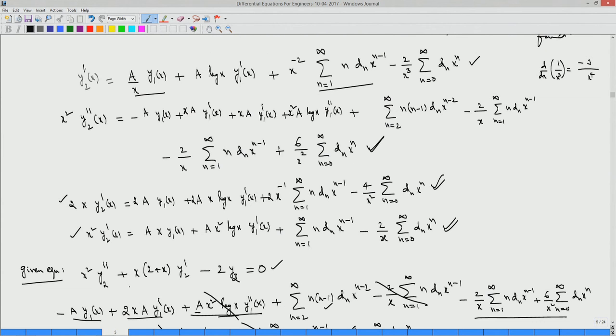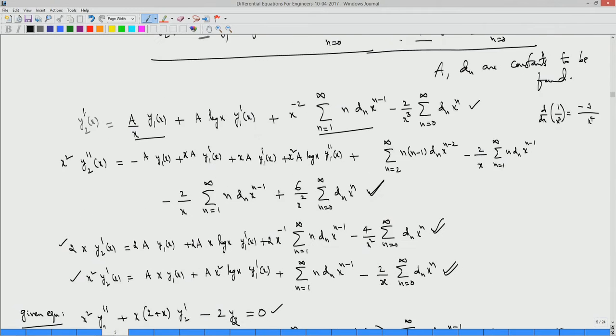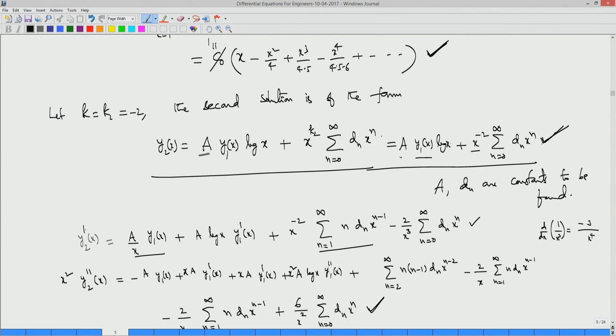If you look at this form of the second solution, either I may get all these constants a and dn's, so that you know exactly what your y2 is, or you will be able to find all these constants in terms of one constant. That means you calculate all of them except one, and write everything else in terms of one constant. That constant comes out with some power series.